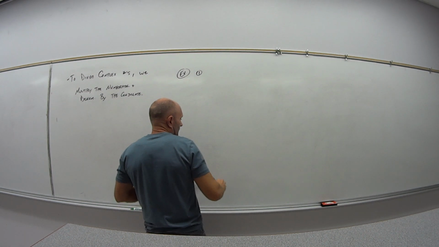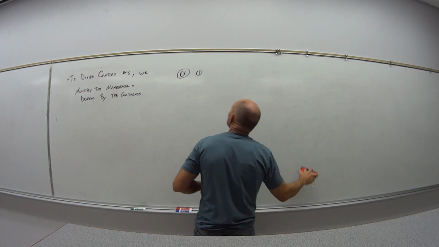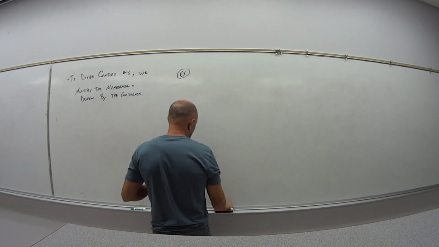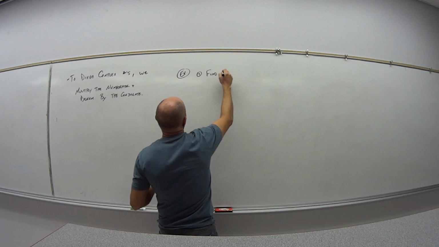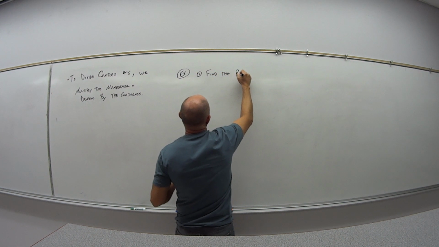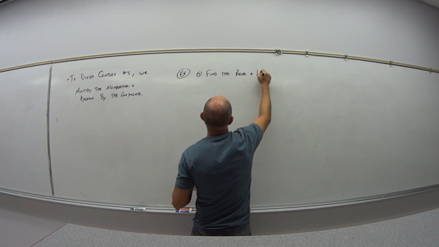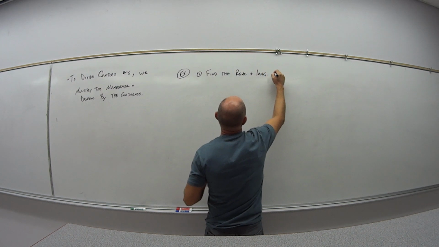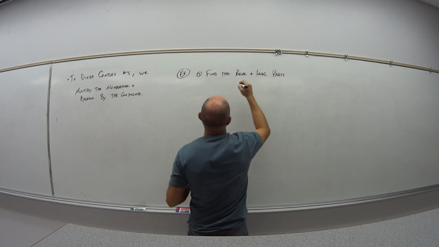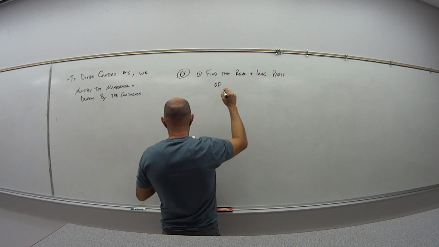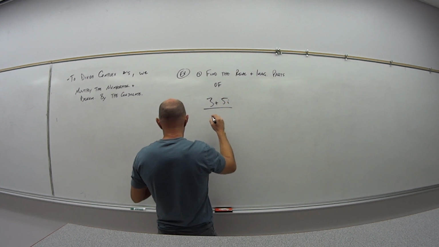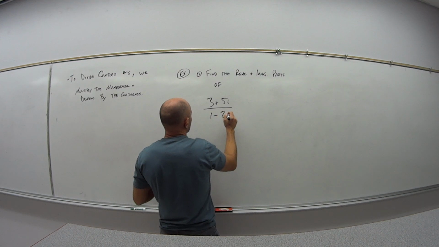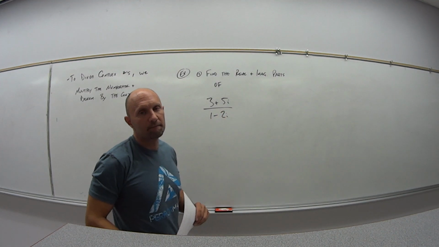So, the way these problems will be worded will be: find the real and imaginary parts of the following: 3 plus 5i over 1 minus 2i.